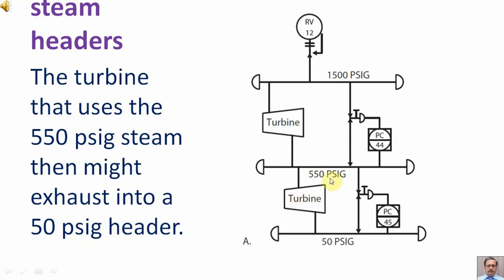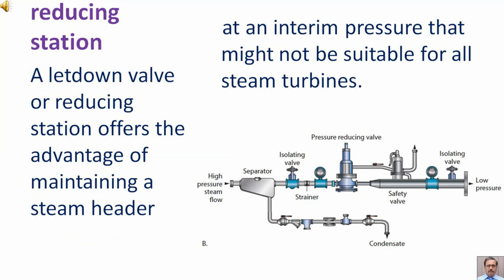The turbine that uses the 550 psig steam then might exhaust into a 50 psig header. Reducing station. A let-down valve or reducing station offers the advantage of maintaining a steam header at an interim pressure that might not be suitable for all steam turbines.